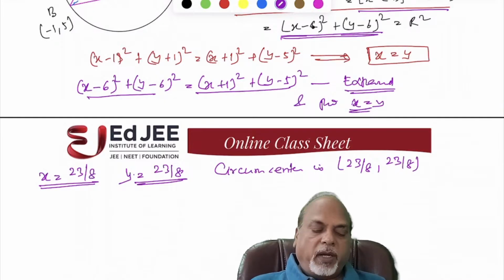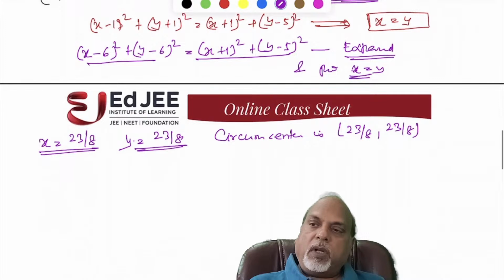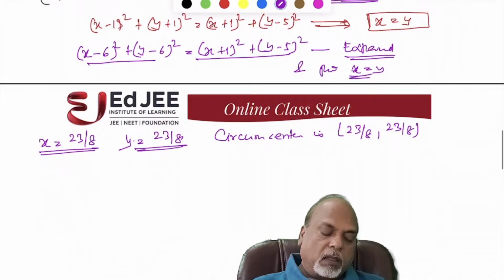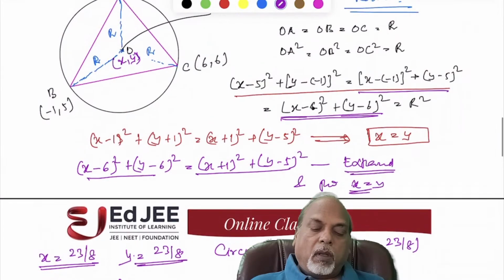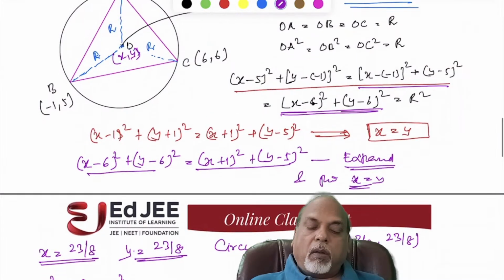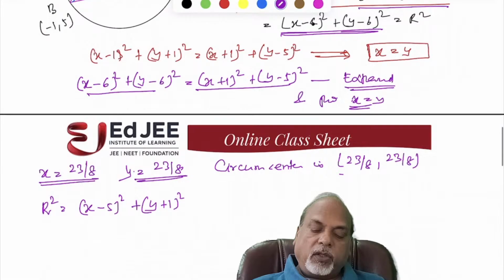Now you can take any equation and find out R. R square is nothing but, suppose you take the first one, x minus 5 square plus y plus 1 square. Put these x and y, this is your x, this is your y.